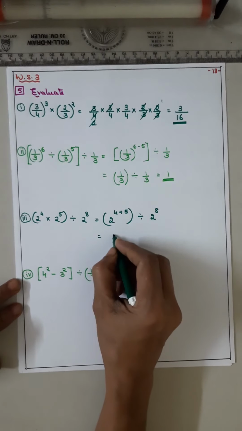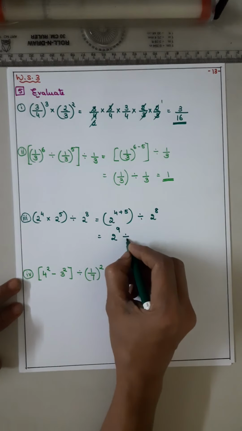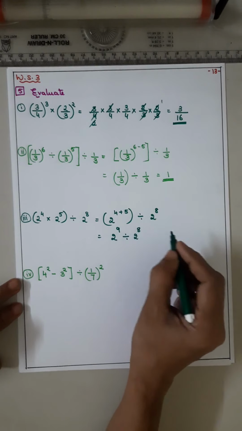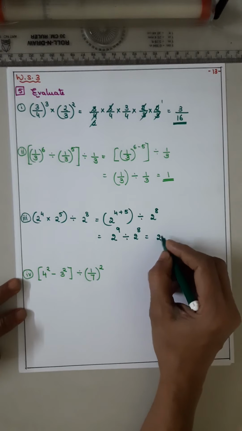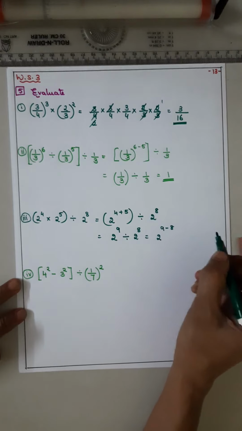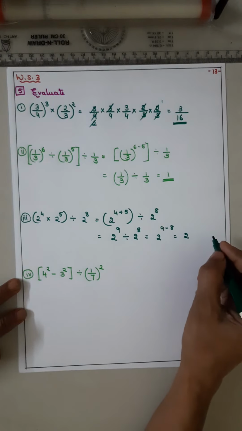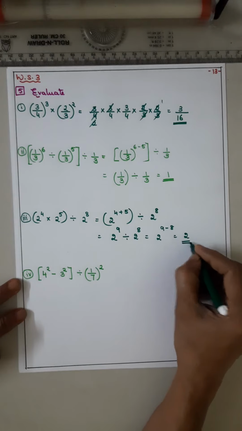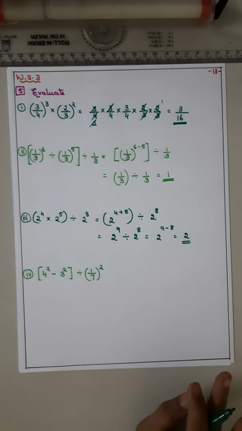Now this becomes 2 to the power 4 plus 5 is 9, divided by 2 to the power 8. Now again bases are same, but in between a division sign. So what we have to do? Subtract the powers. 9 minus 8, so that is 2 to the power 1. That means 2. Hope everyone is understanding.